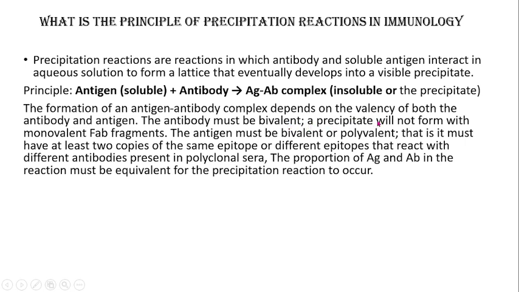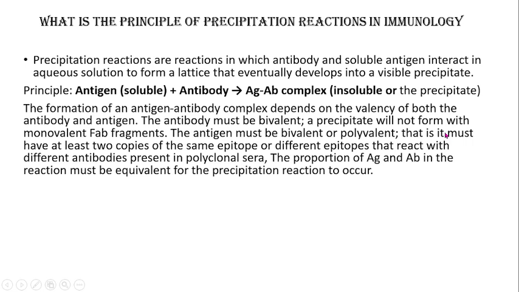A precipitate will not form with monovalent Fab fragments, meaning that the antibodies must have more than one binding site. Then the antigen must be bivalent or polyvalent, meaning it has the ability to bind more than one antibody.